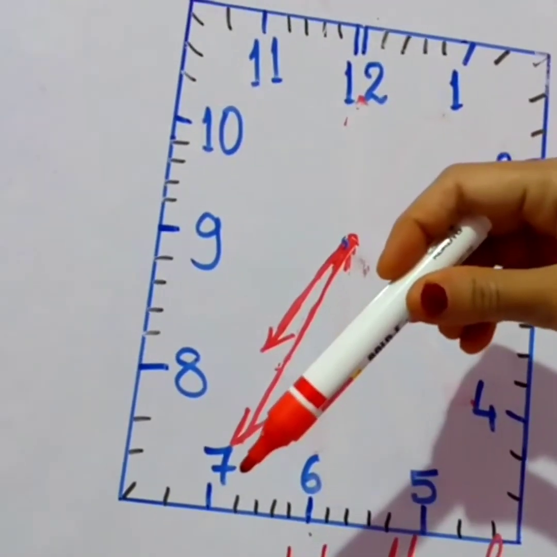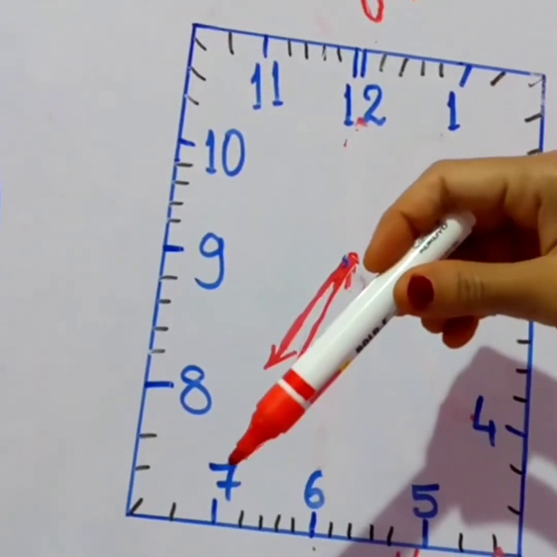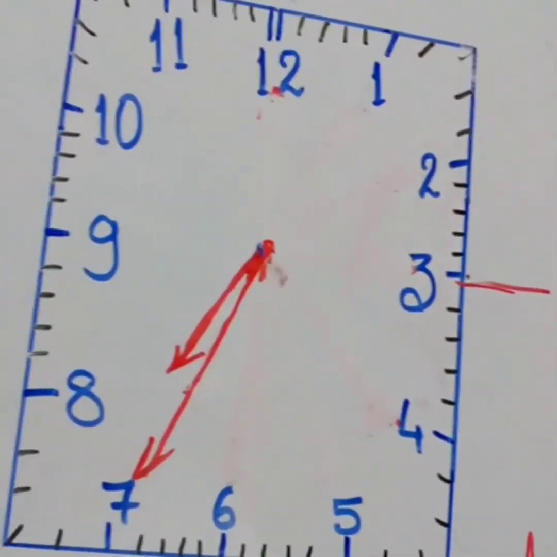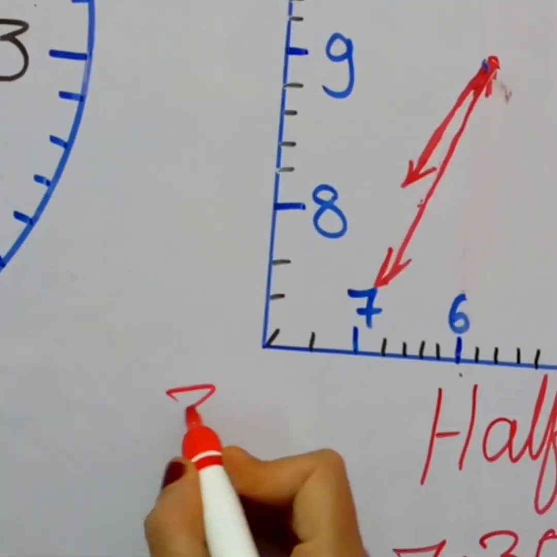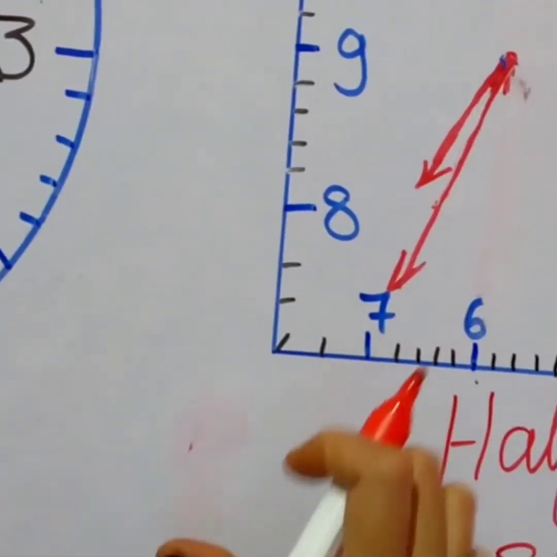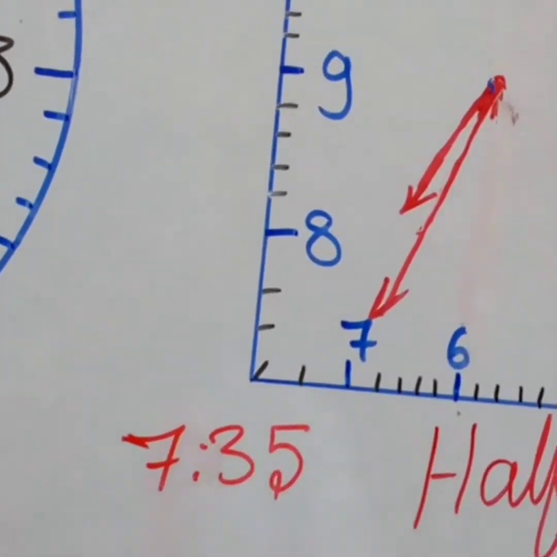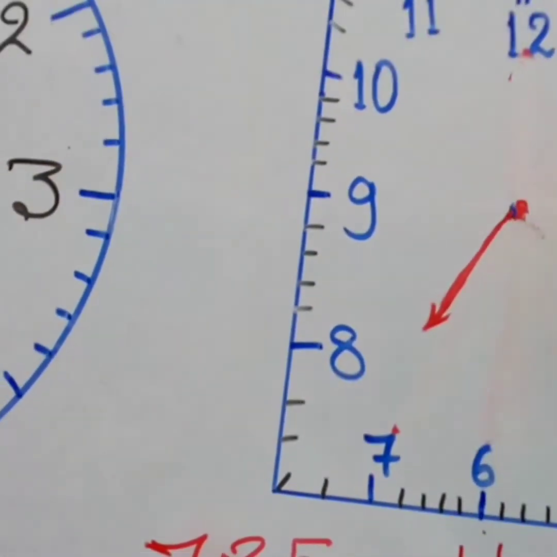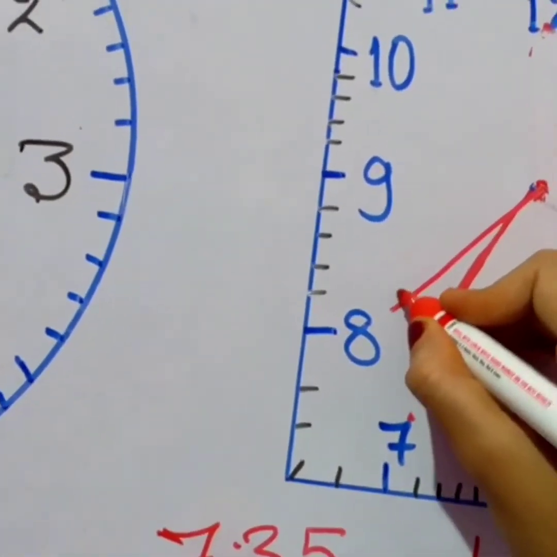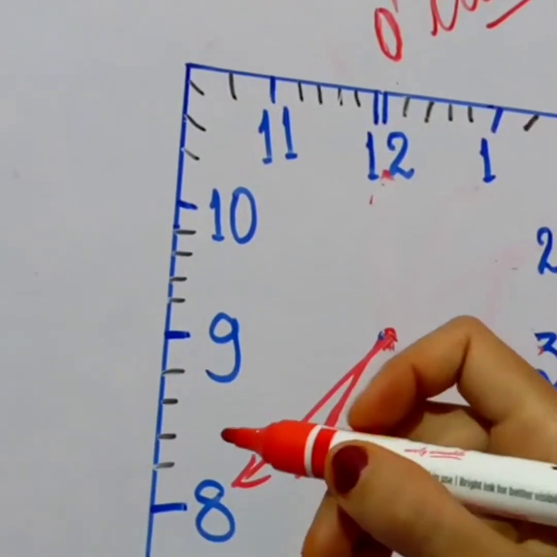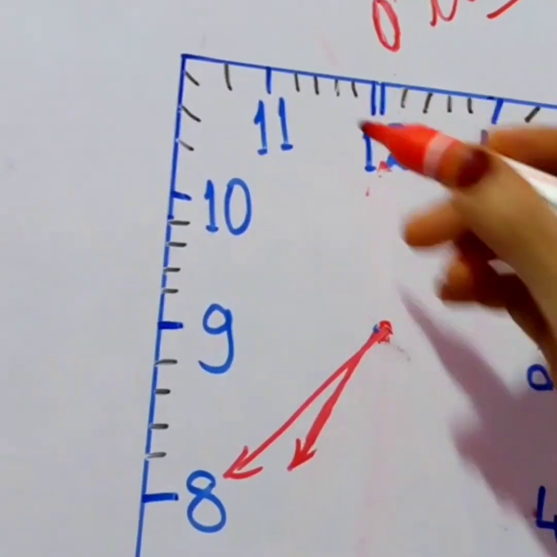It means 25 to 8. It is also written as 7:35.